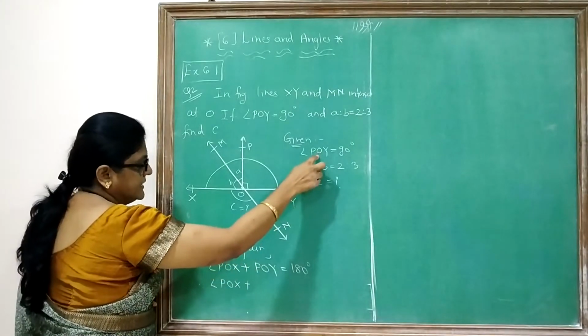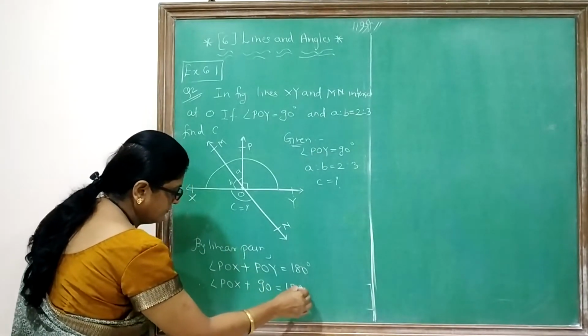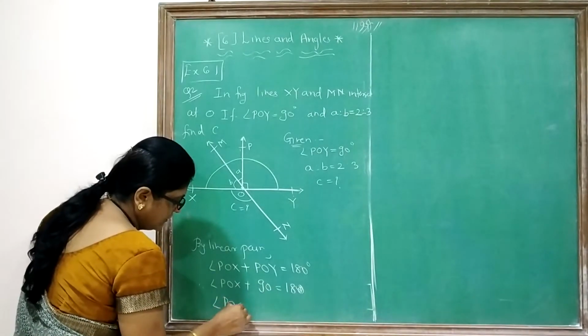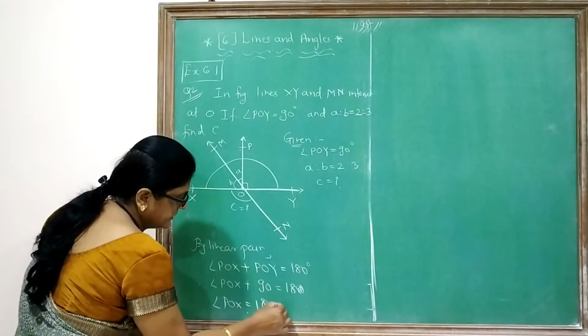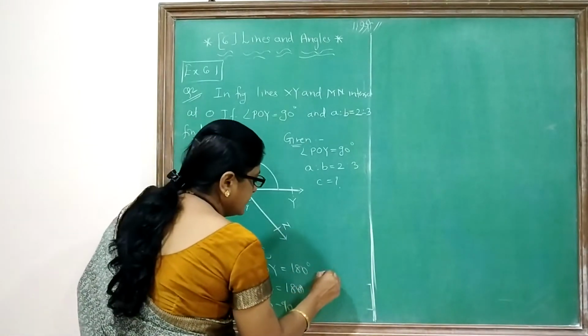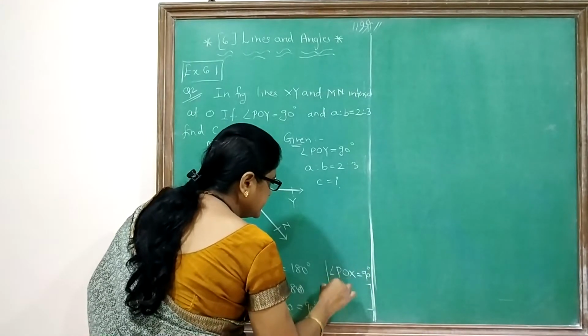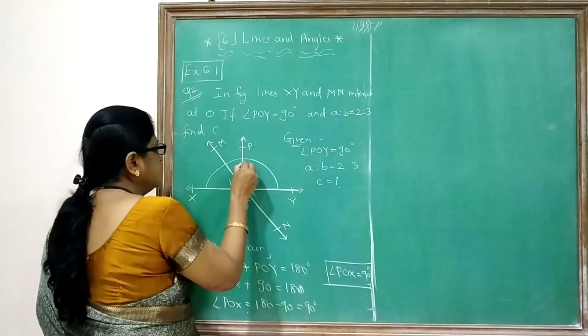Angle POY is given as 90 degrees, so you will write 90, then 180. Then angle POX equals 180 minus 90. Then you will get 90 degrees, means your angle POX equals 90 degrees. This is also a right angle.